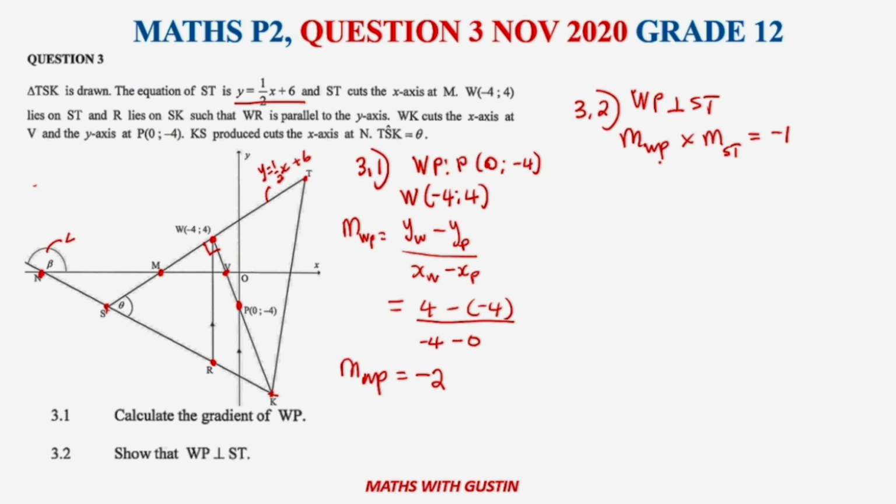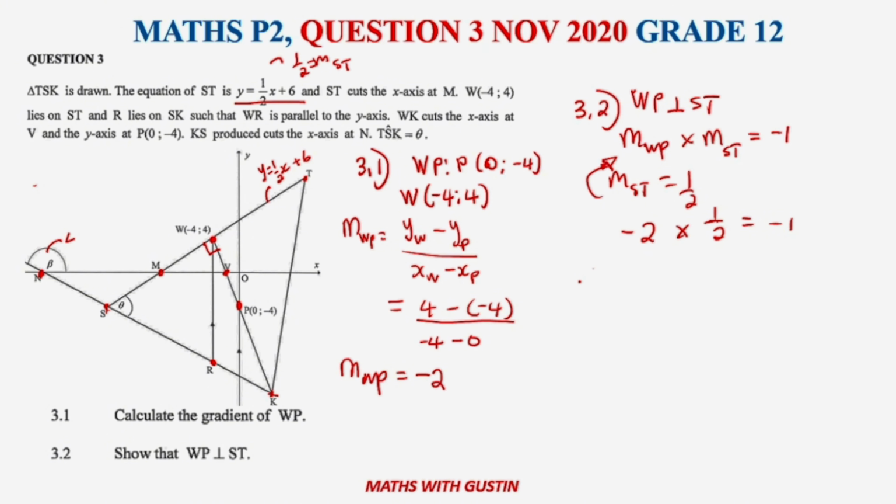We already have the gradient of WP. Now let's look for the gradient of ST. Looking at the equation, the gradient of ST is equal to half. So the gradient of ST is 1/2. We substitute back into this equation to prove whether they are perpendicular. The gradient of WP is -2, multiplied by 1/2, which gives us -1.